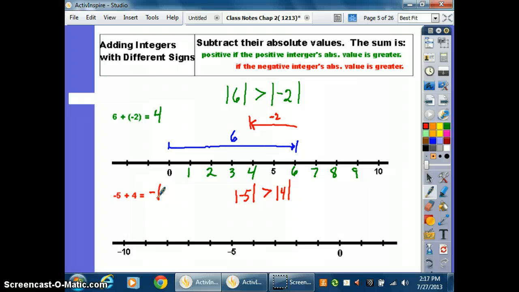All right, our number line here: we have 0, negative 1, negative 2, negative 3, negative 4, negative 5, negative 6, negative 7, negative 8, and negative 9. We're at negative 5. Start at 0, go down to negative 5.